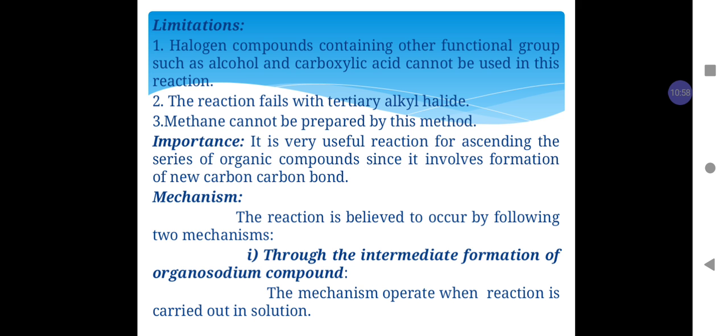Limitation of Wurtz reaction. Halogen compounds containing other functional groups such as alcohol and carboxylic acid cannot be used in this reaction because these functional groups, such as OH, COOH, can interfere with the reaction of halogen in the presence of dry ether with sodium.